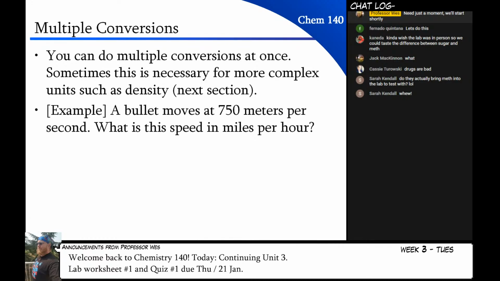All right, another minute or two to finish up, and we'll go over the answer.